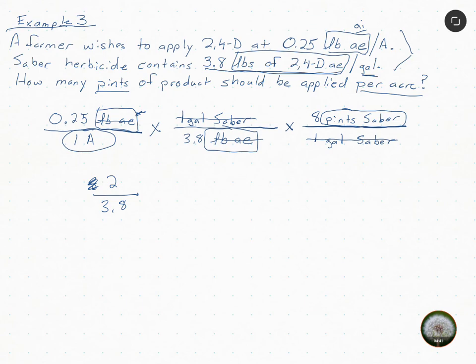So 2 divided by 3.8 equals 0.526, and we can round that to 0.53. And again, really critical to make sure we specify the units of pints of Saber per acre. So pints of Saber herbicide per acre.